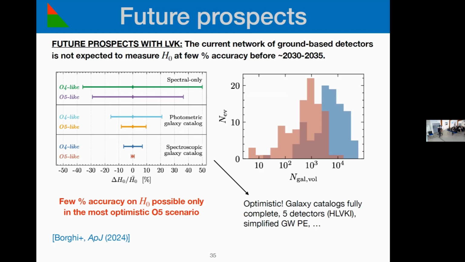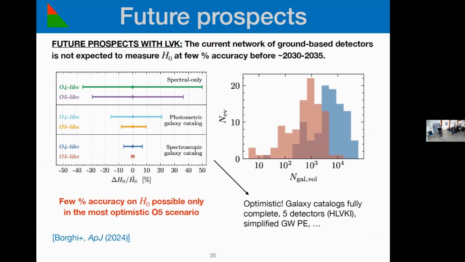We will never have a complete spectroscopic galaxy catalog up to redshift 1 in 10 years. I don't even know if we will have it in 20 years. This might be realistic. Let's say that the truth will probably be around these values, between these and these values. So you can see that actually we might arrive at 10% after O5, maybe a bit more if we are lucky, but we will not be at the, let's say, 2-3% level of Planck and so on.